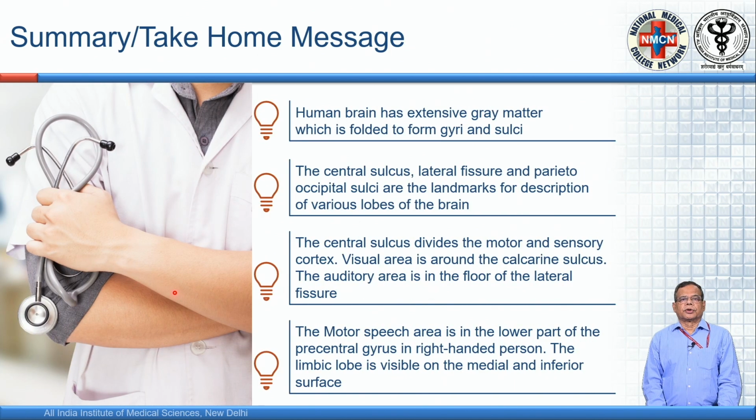So, take home message is that the human brain has extensive gray and white matter which is folded to form the gyri and sulci. The central sulcus, lateral fissure and the parieto-occipital sulci are the landmarks for description of various lobes of the brain. The central sulcus divides the motor and sensory cortex.